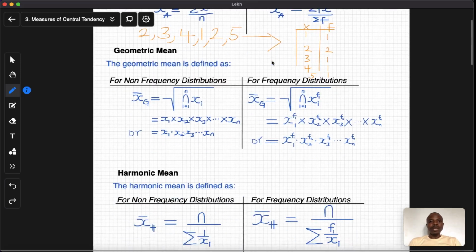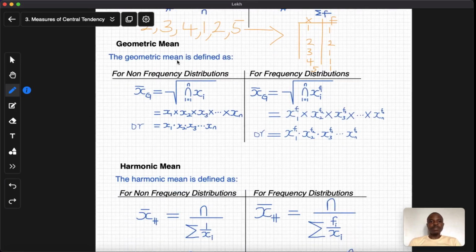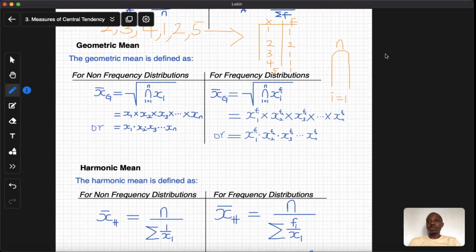Alright, so the next kind of mean is the geometric mean. It is defined this way. The symbol you see here looks something like this, and it is called the multiplication symbol or the product sign.